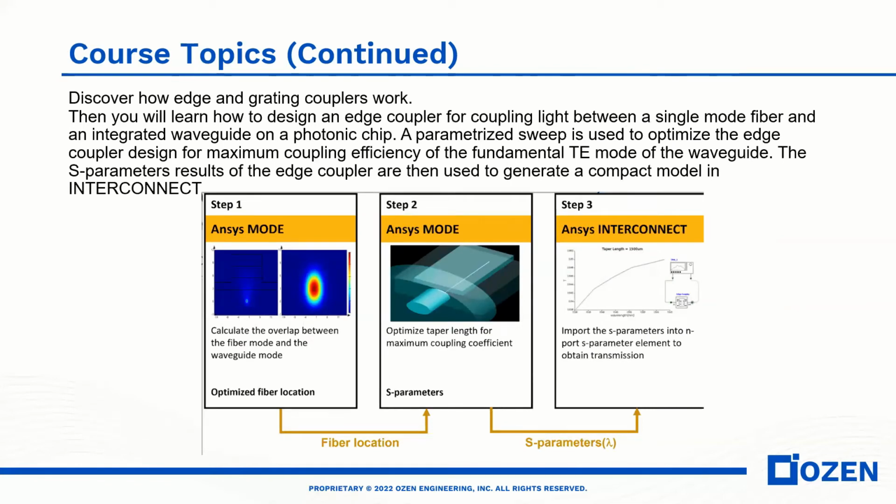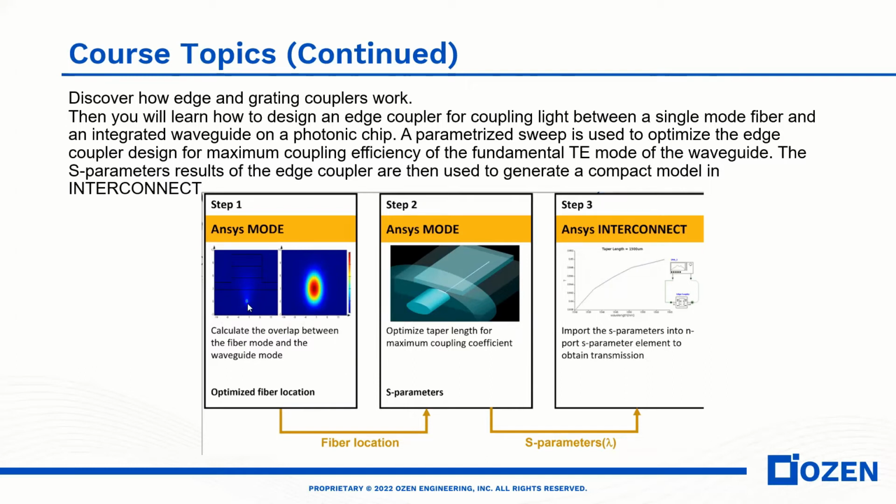So next, we will teach you how to design an edge coupler. Coupling of light from fiber to the chip is one of the main challenges in designing photonic chips. You will learn how to design and optimize couplers using Lumerical tools. In this part, you will learn how to calculate mode overlap between fiber and waveguide.